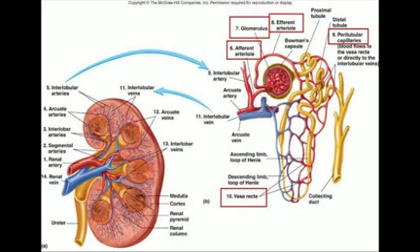Next part of the nephron is the renal tubule. The renal tubule consists of three parts.